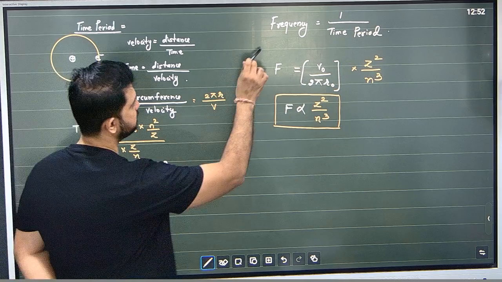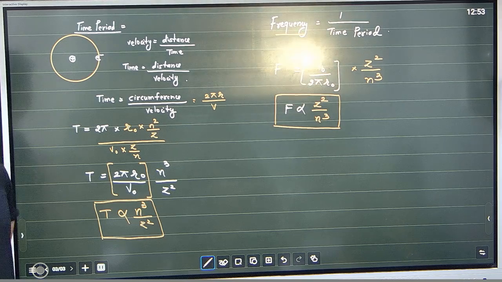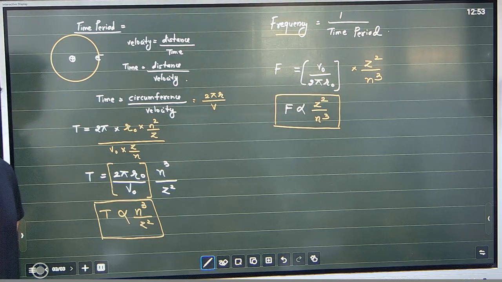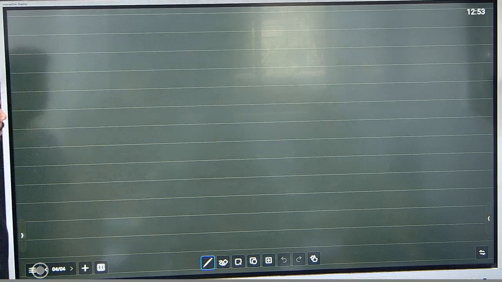That's the expression for time period, the time taken by an electron to complete one revolution around the nucleus, and that is frequency, the number of revolutions per second. With me? Next, go to the second postulate.